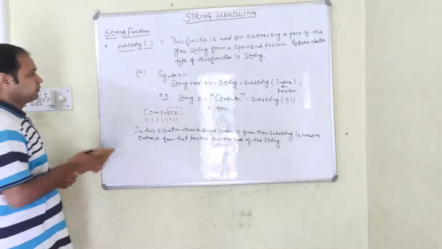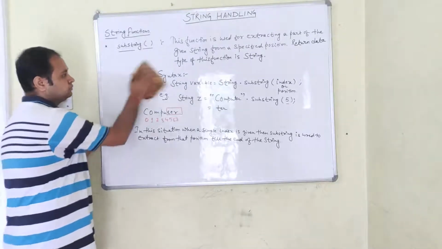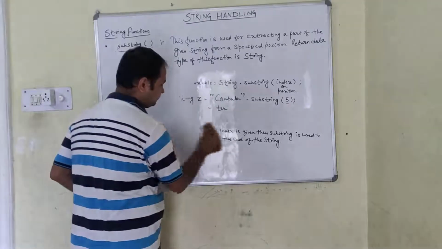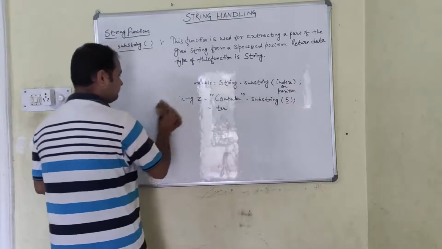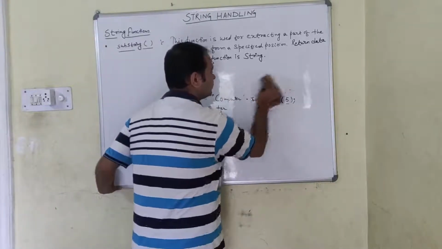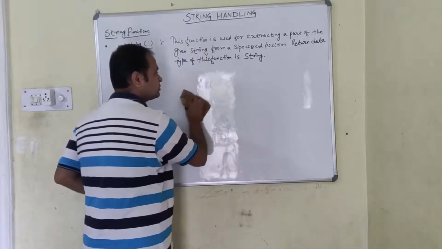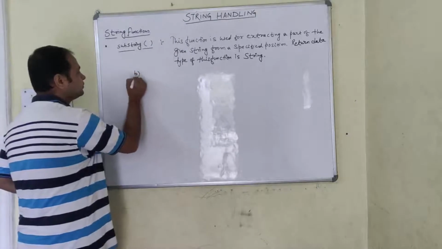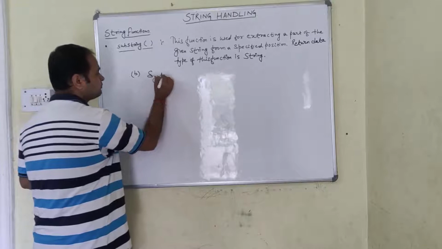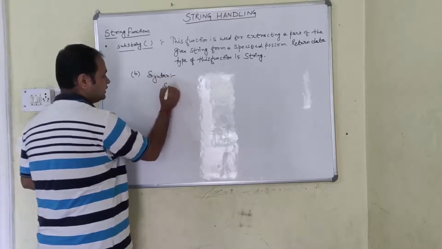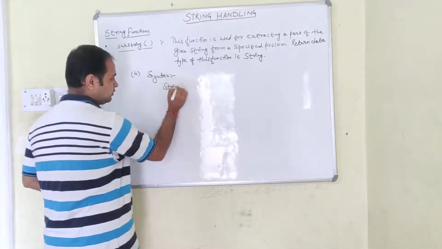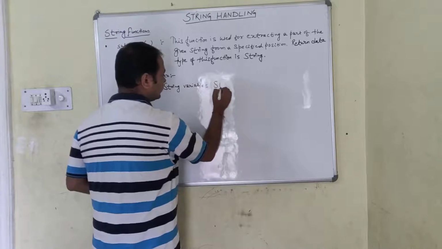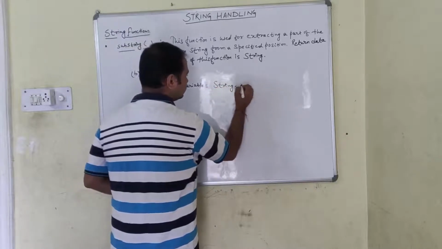Case number 2. The syntax of the second case is: your string variable is equal to string dot substring.